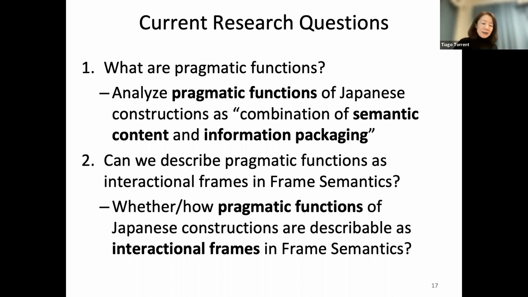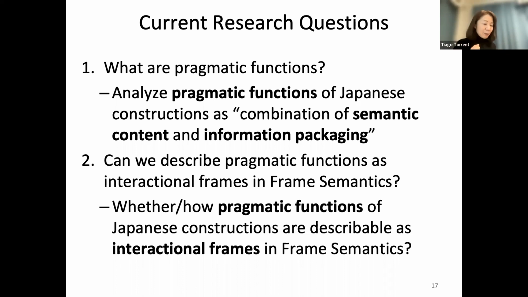but I would really like to be able to somehow analyze pragmatic functions in a systematic way, comparing the functions in Japanese constructions with those in other languages. And the second question we are trying to solve right now is whether we can describe pragmatic functions as interactional frames in frame semantics. Basically, I see there are lots of pragmatic functions built into Japanese constructions.